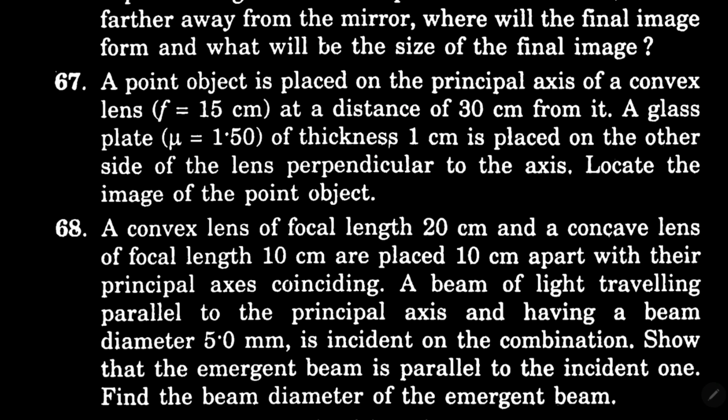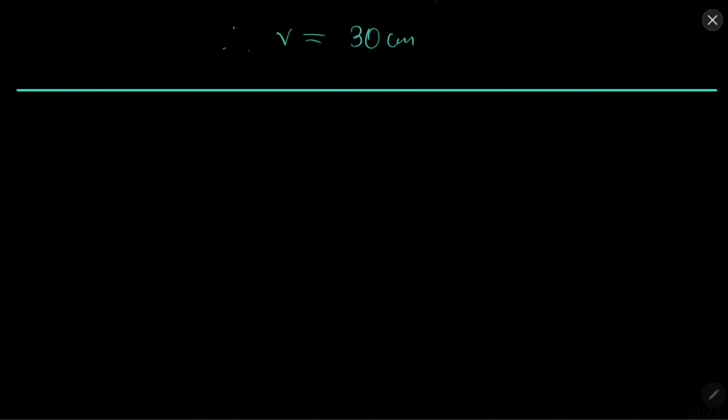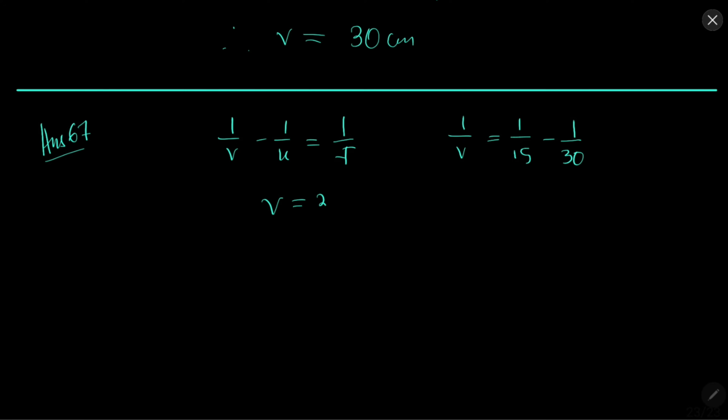In question 67, a point object is there. Locate the image of the point object. Solution 67. 1/v minus 1/u equals 1/f. 1/v equals 1/15 minus 1/30. v will come out to be 30 centimeters.